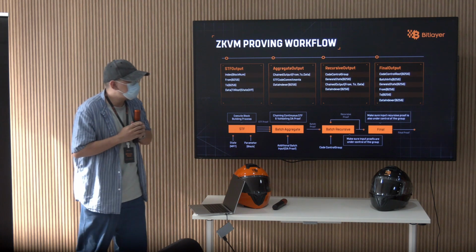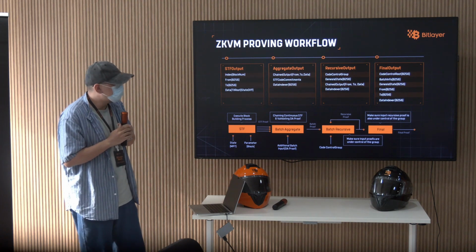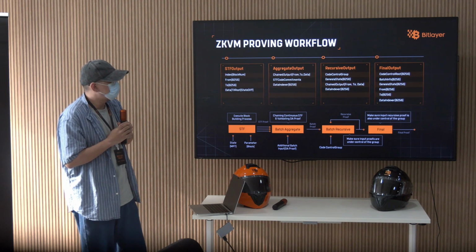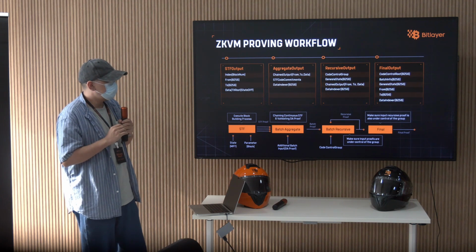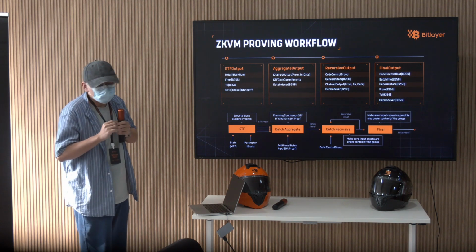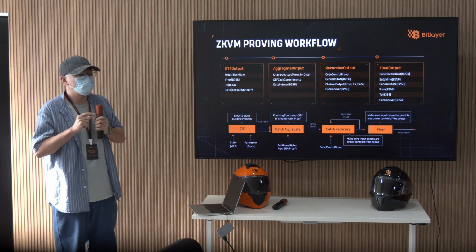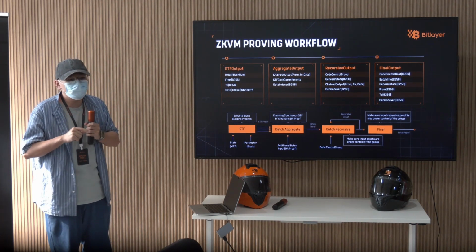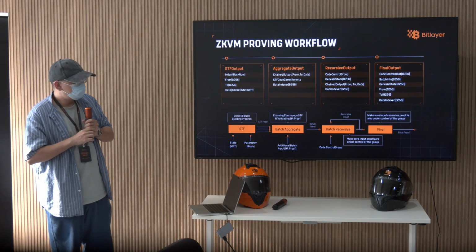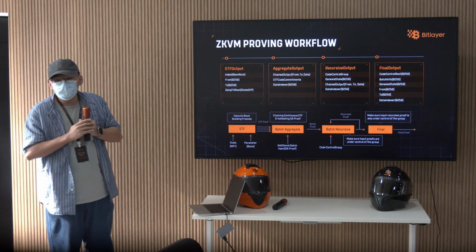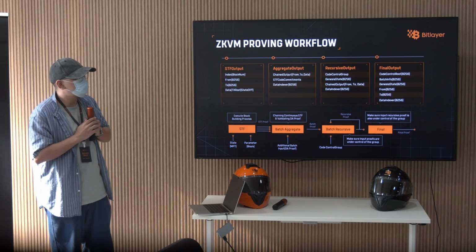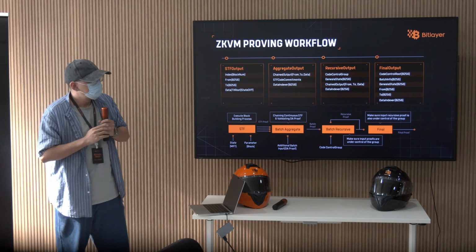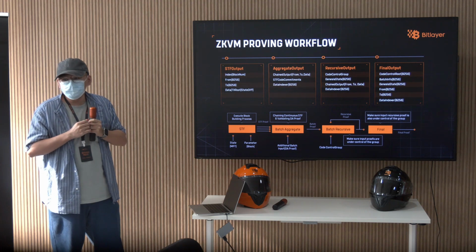And then we will have the final stage. It takes the recursive proof as the input. Normally it would use another proving system different from the previous stage, because it needs to adapt to the on-chain verifier script.